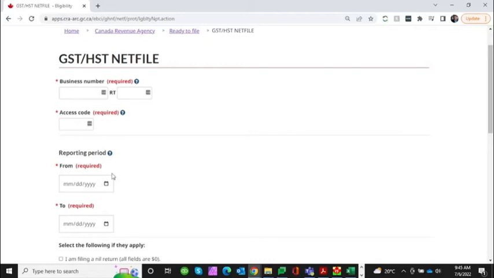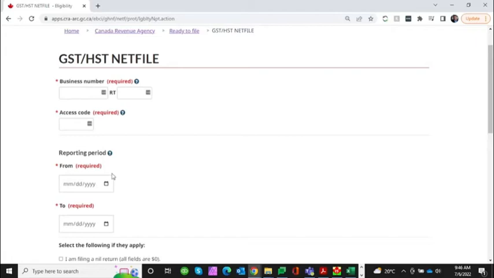But you need to know how much HST or GST is applied on the services or supplies you're selling, and whether they are zero-rated or exempt. That's very important for you to know.